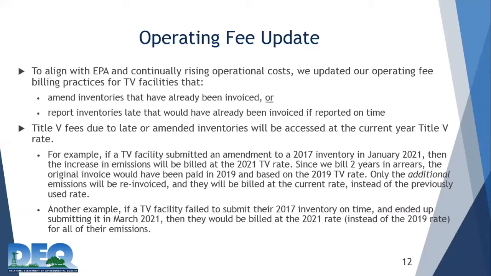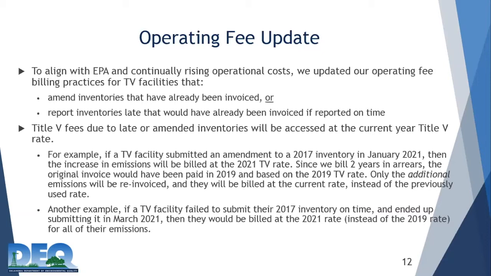And I've got a couple examples here. So for example, if a Title V facility submitted an amendment to a 2017 inventory in January of 2021, then the increase in emissions will be billed at the 2021 Title V rate. And since we bill 2 years in arrears, the original invoice would have been paid in 2019 and based on the 2019 Title V rate.